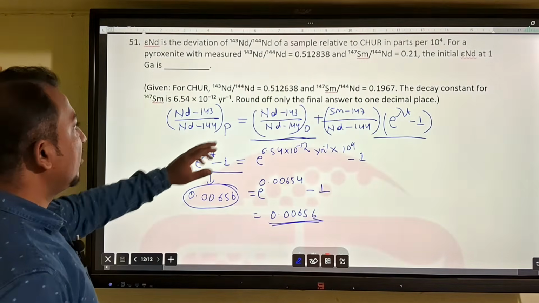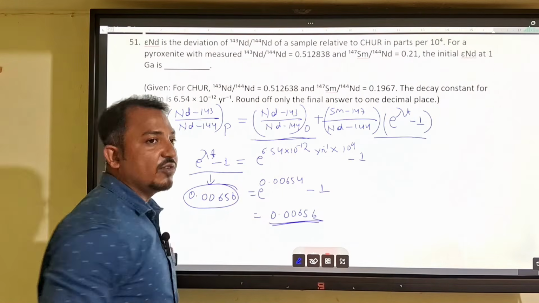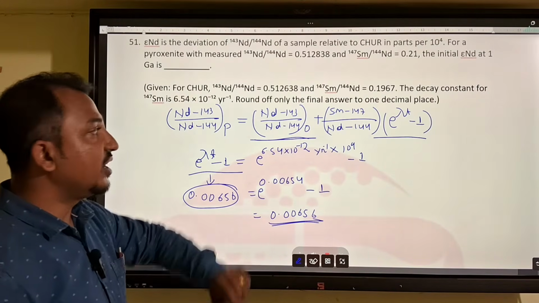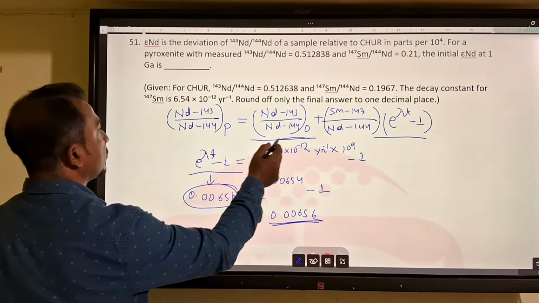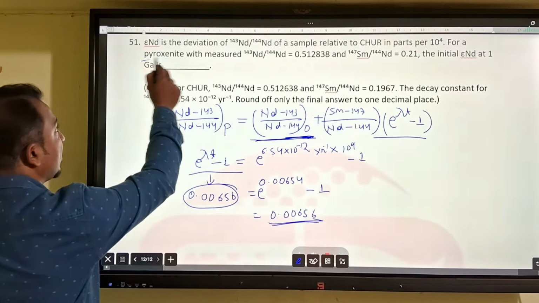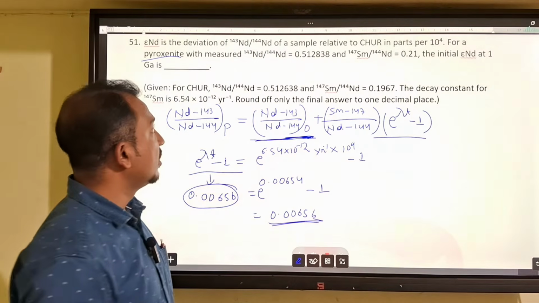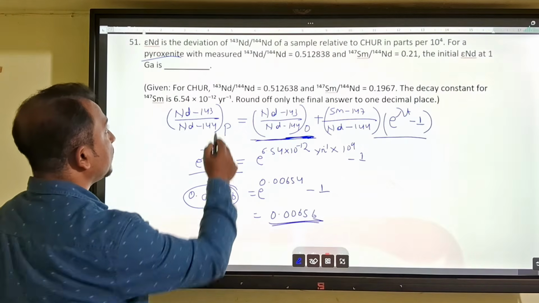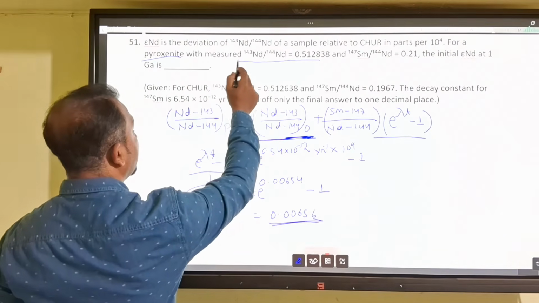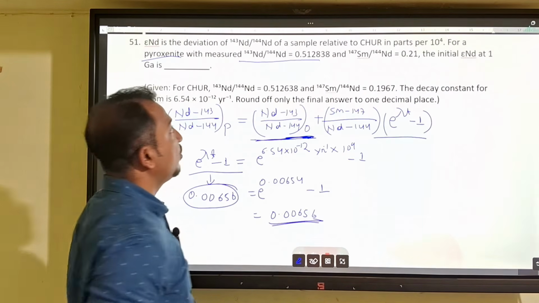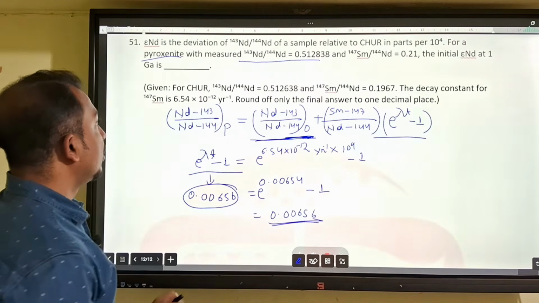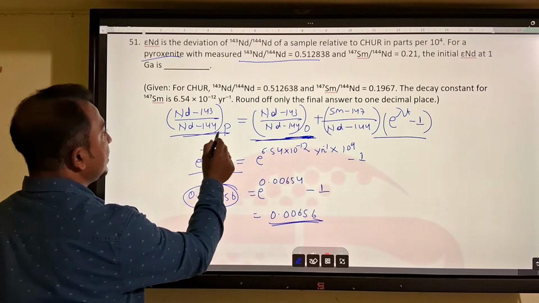So now we'll calculate the value of Nd 143 by Nd 144 at initial time, or before decay, for pyroxenite. For pyroxenite, Nd 143 by 144 measured is 0.512838, at the present time. This is given.